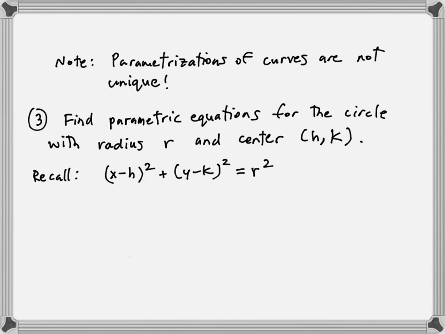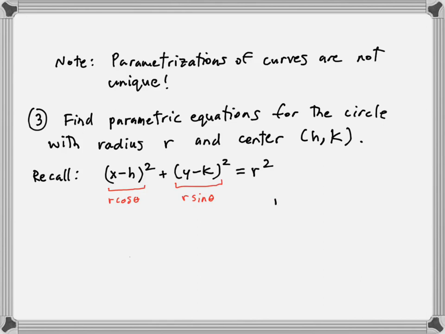So here's the idea. The idea is that we want this guy right here to be r cos theta, and we want this guy right here to be r sine theta. Okay? Because if you were to square those guys and add them up, the relationship would work, wouldn't it?